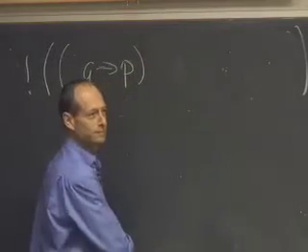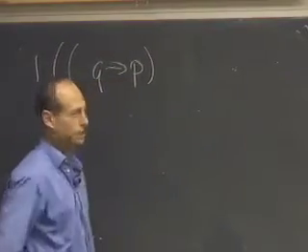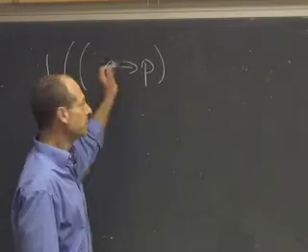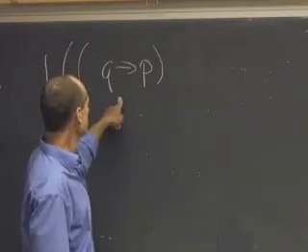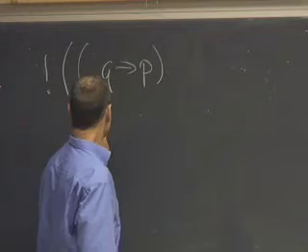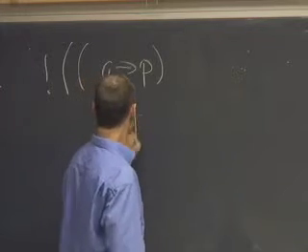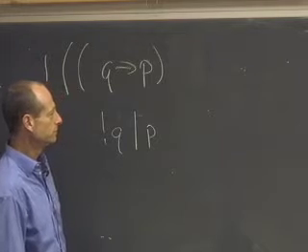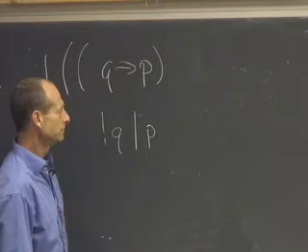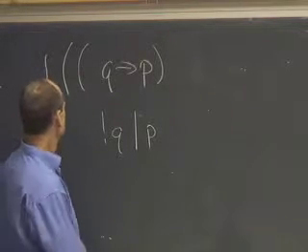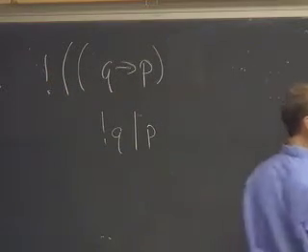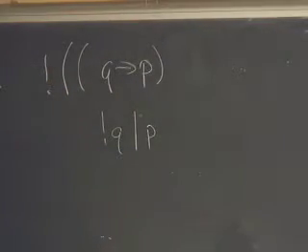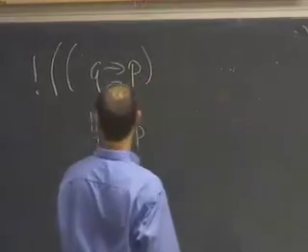Anything that's true or false is the first bit, right? Because it's true only if this is. The other part isn't helping. So what's this? This is not Q or P. Okay, and R. I'm not sure where the parentheses go here.